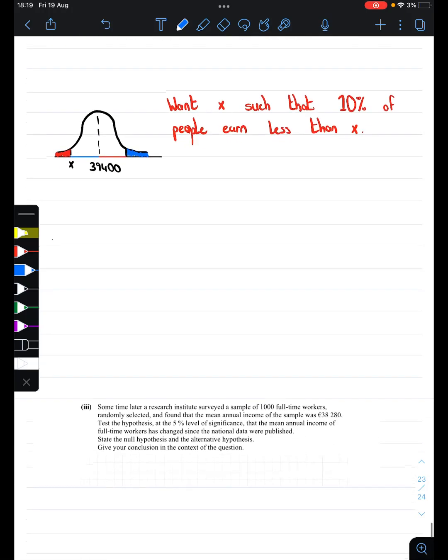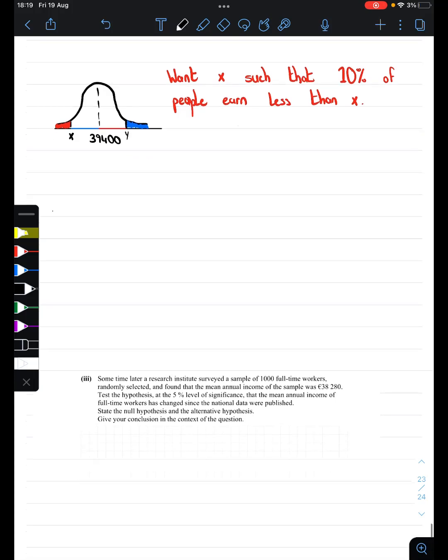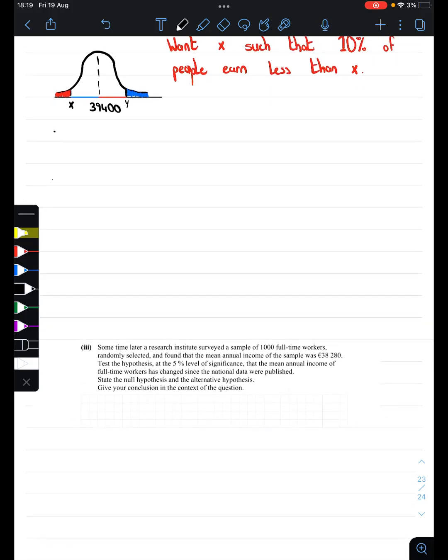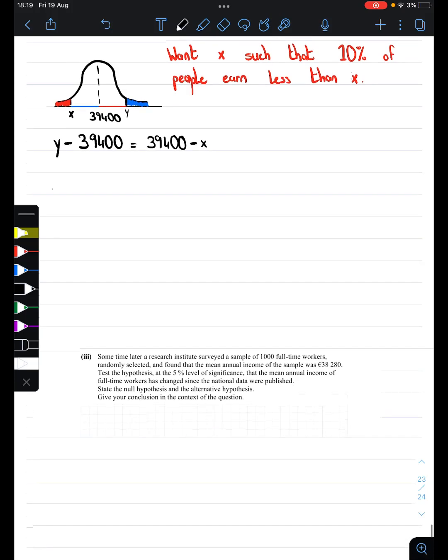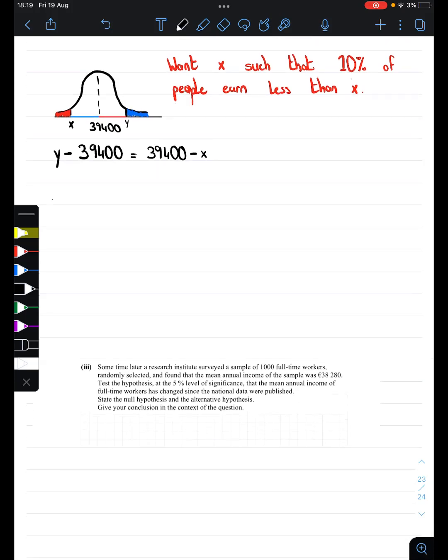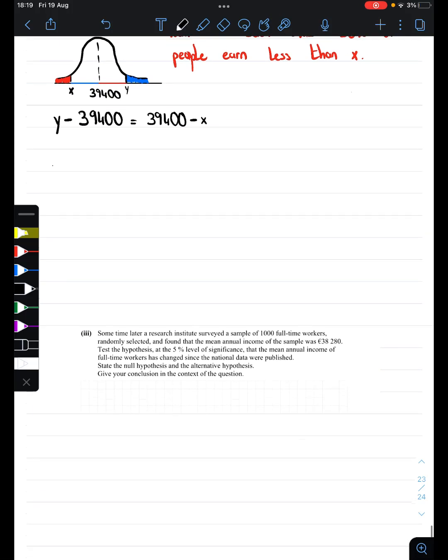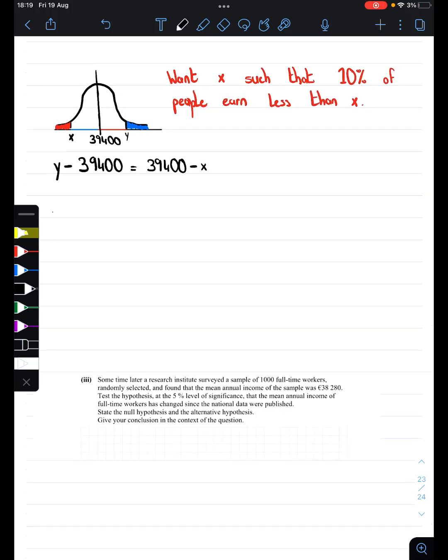And what that means is, if we let this be y, then y minus 39,400 is equal to 39,400 minus x. They're the same distance. And the reason for that is the normal distribution is symmetric about the mean. So it's like a mirror image across this line.